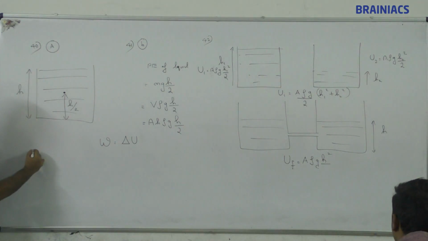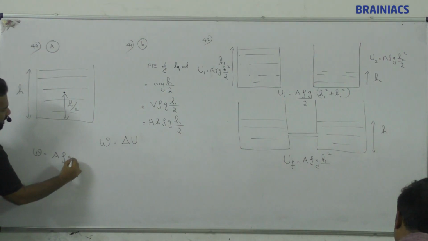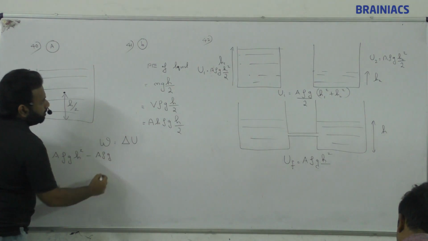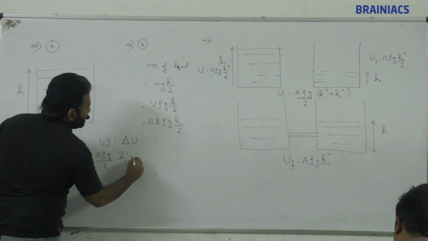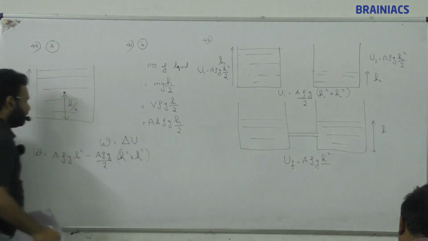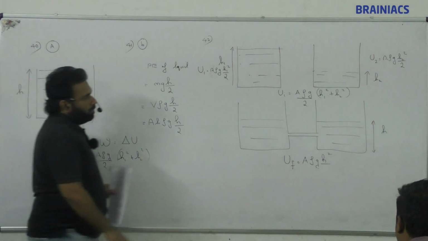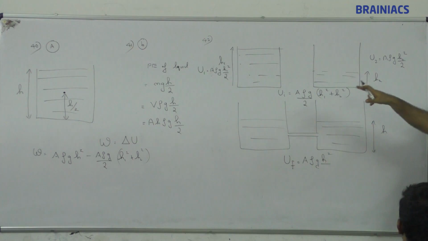Work done is equal to change in potential energy. So A rho g h square minus A rho g by 2 into h1 square plus h2 square, h1 square minus h2 square. Now see, children, what will this height be compared to h1 and h2? H will be the average height of these two, correct?